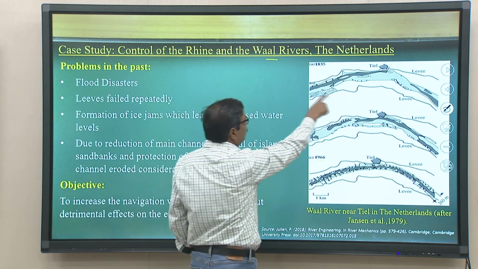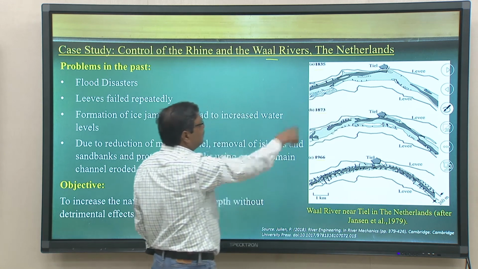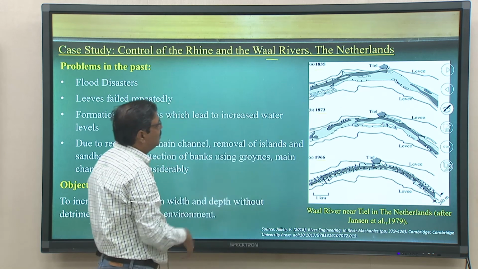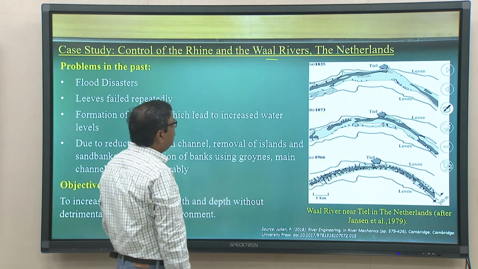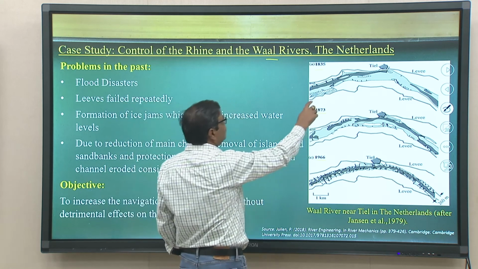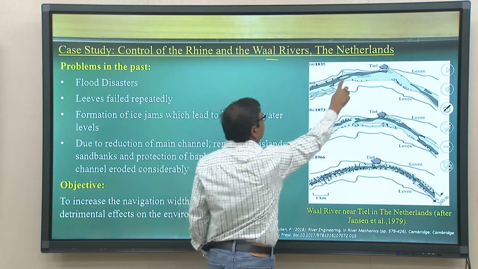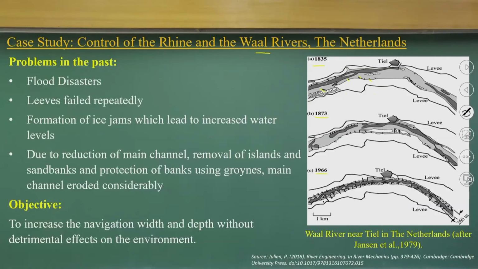You can see the river width is much larger and the depth of water is very shallow; in some portions there is no depth of water. To avoid that, there are minor structures to confine the river, in terms of spurs, the structures you put to confine the river.